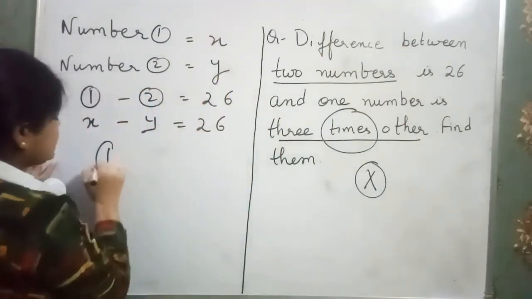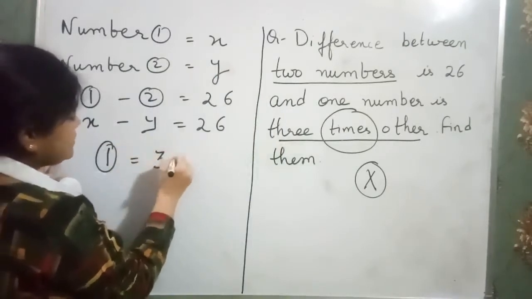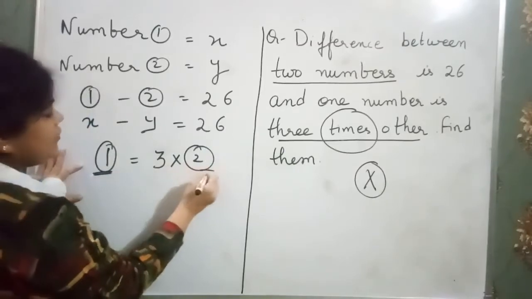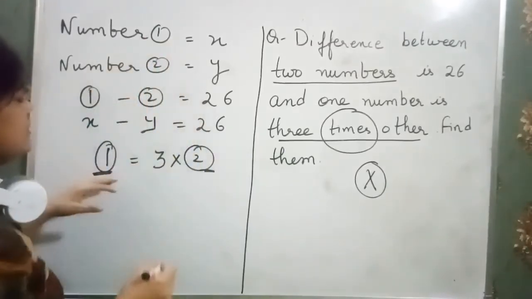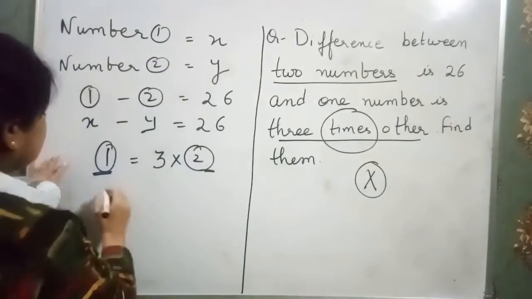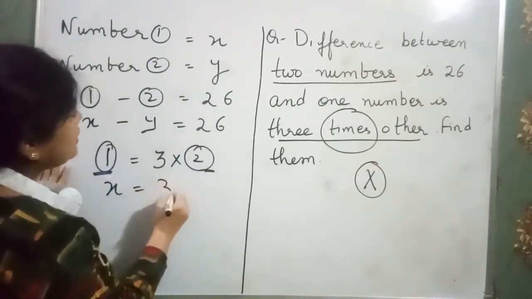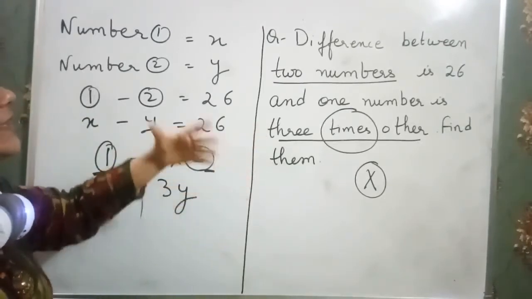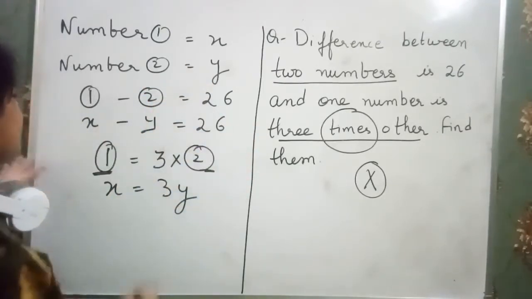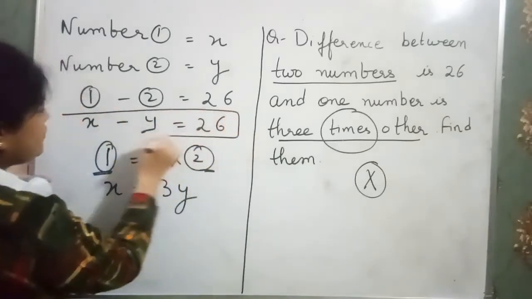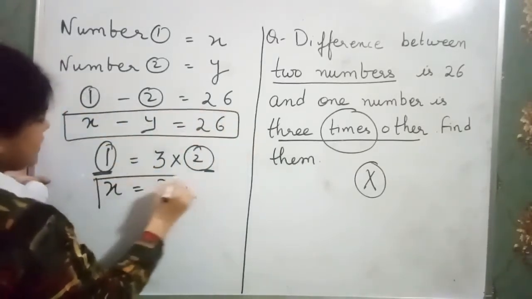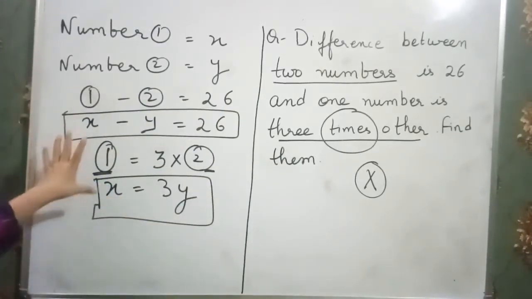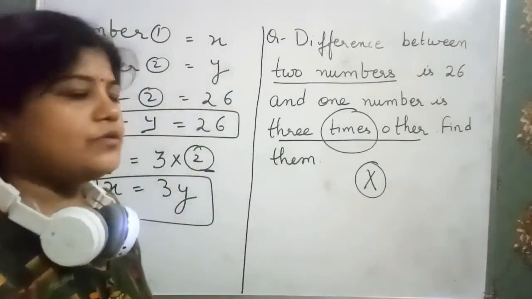So I take the first number is 3 times the second number, that is x is equal to 3y. This is the first equation we frame and this is the second equation we frame.